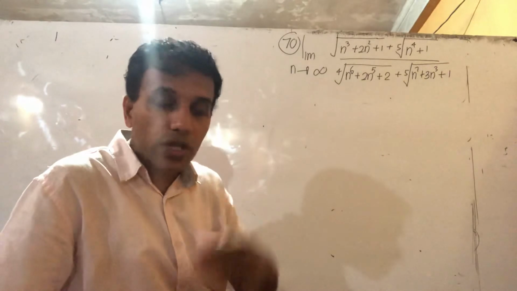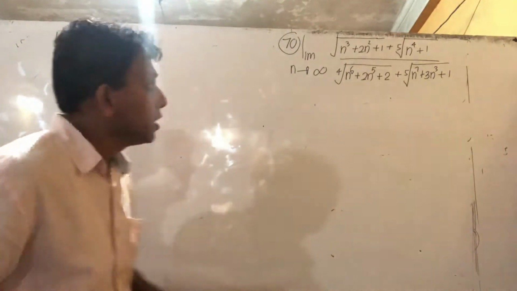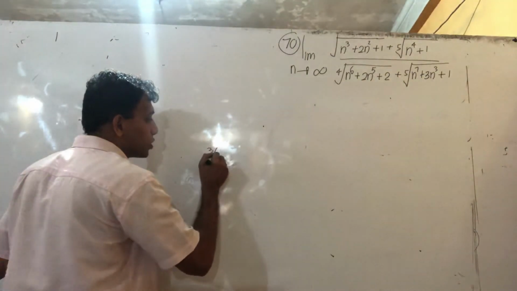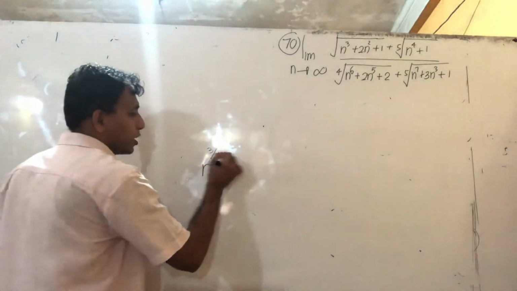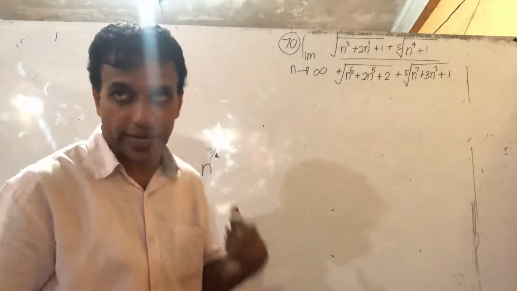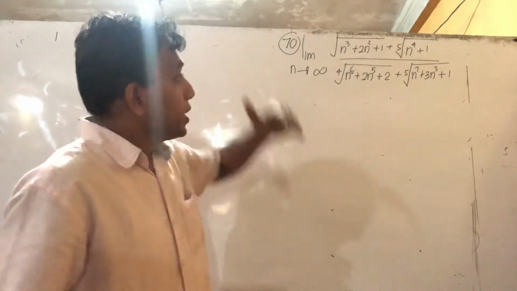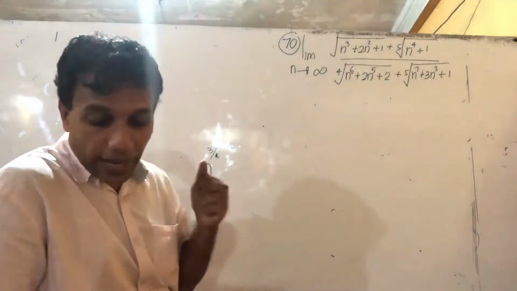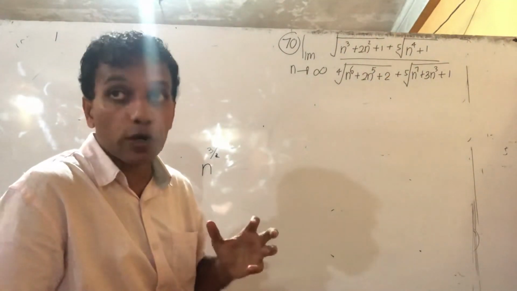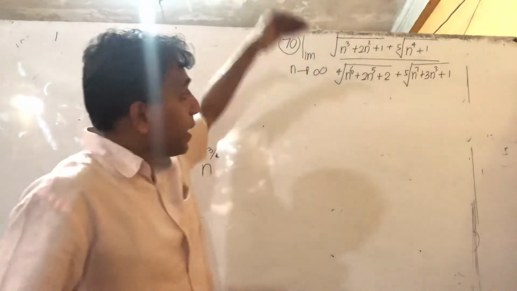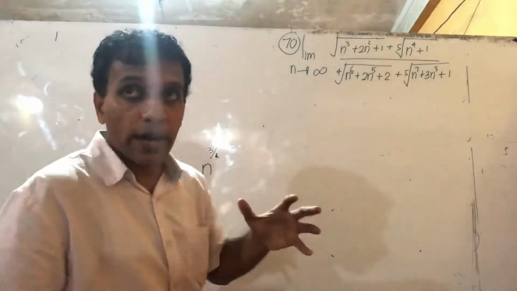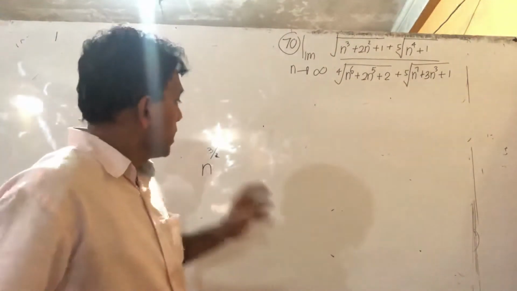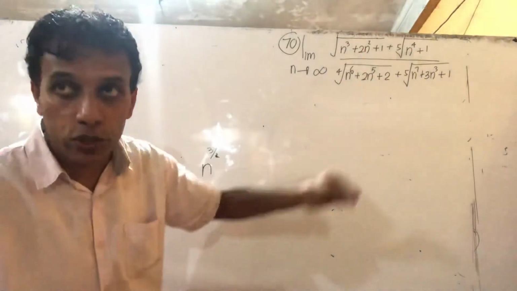If you take it outside the root, what happens? The answer is n to the power 3 over 2, outside. Therefore the idea is numerator and denominator both divide by n to the power 3 over 2. Take this part inside the roots, right?